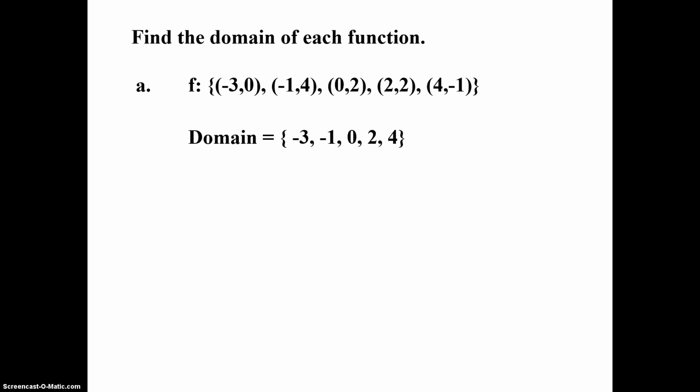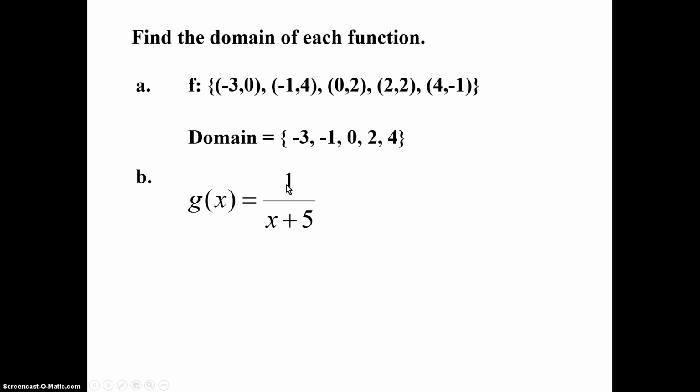Now let's take a look at this one. It says g of x is equal to 1 over x plus 5. Now that's a very interesting equation. First of all, we should be able to figure out what it is. Basically, it's a polynomial because let's agree that 1 is some kind of polynomial.